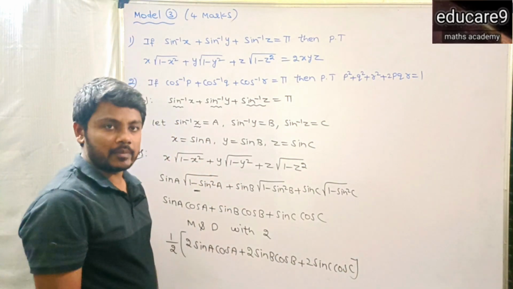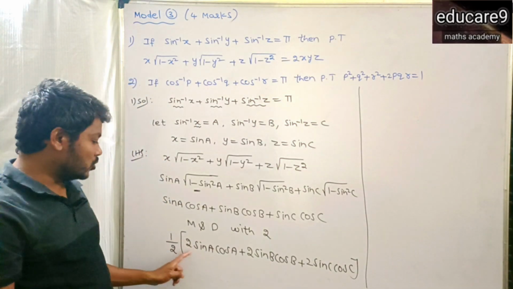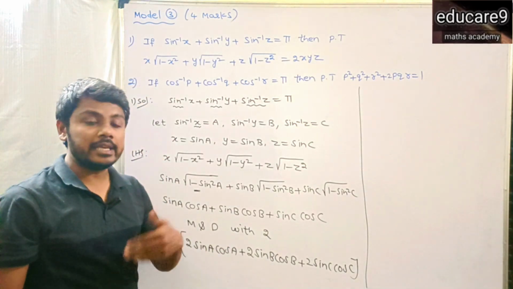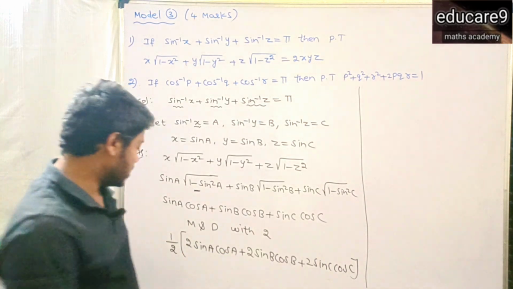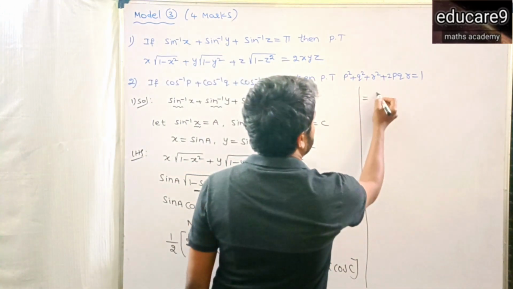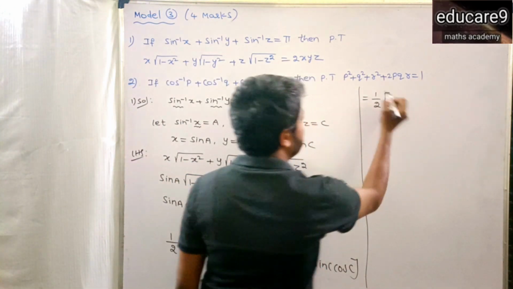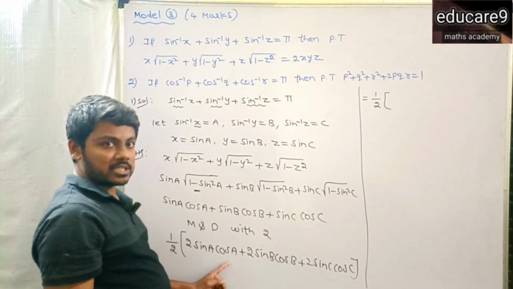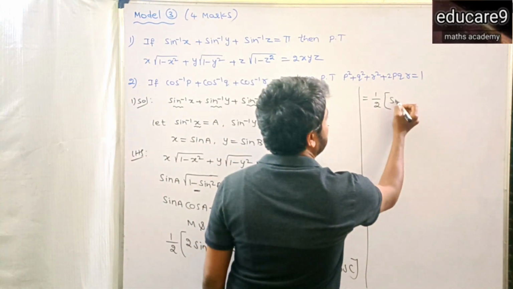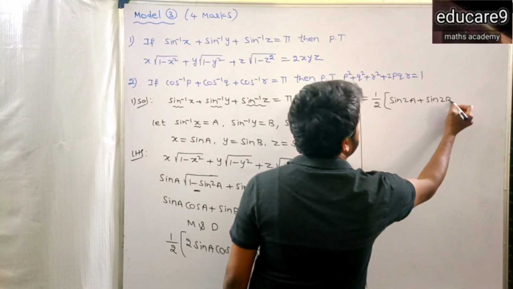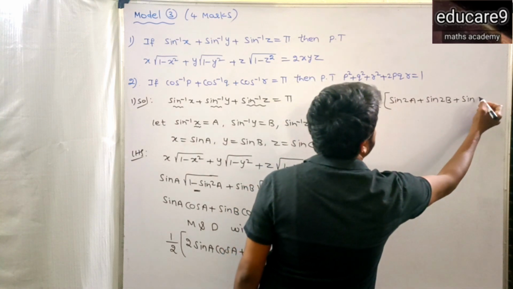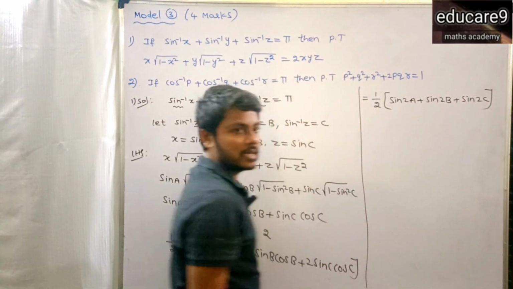Now you can apply the trigonometric formula. Here we know that 2 sin theta cos theta is sin 2 theta, but here in place of theta, A is there. So clearly which is 1 by 2 into 2 sin A cos A, the formula is sin 2A. Similarly sin 2B and sin 2C.